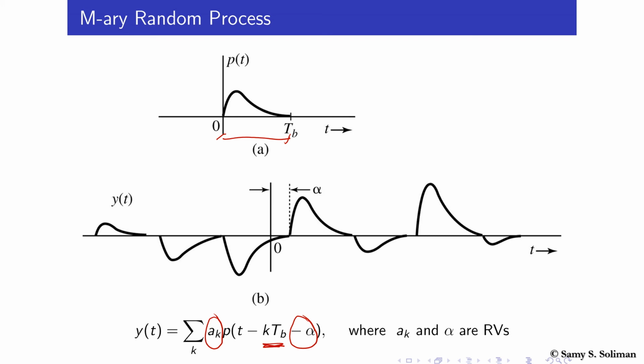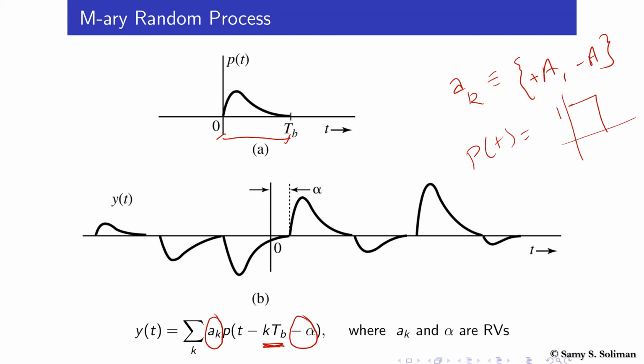if we have polar non-return to zero signaling, we have this M-ary random process in which a_k is taken from the set of positive A and negative A, and in which p of t is taken as a rectangular pulse of amplitude A and duration Tb.